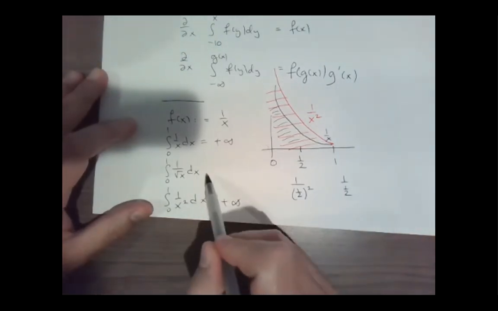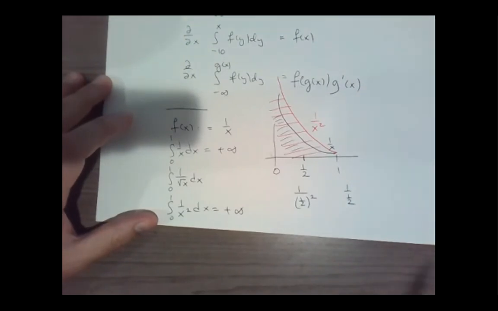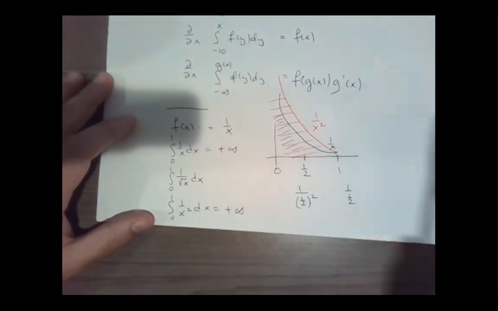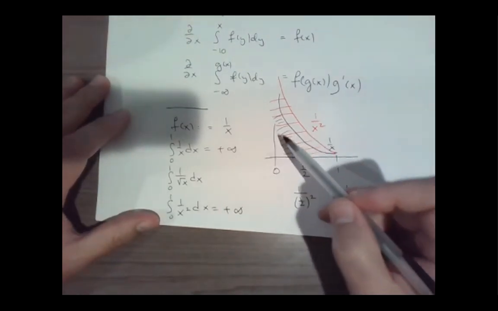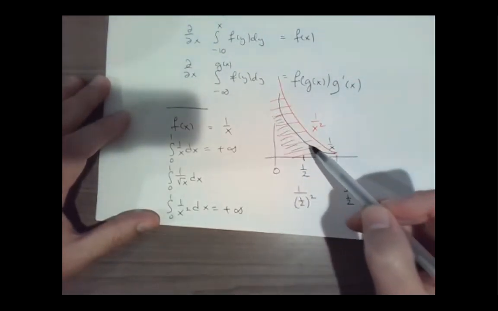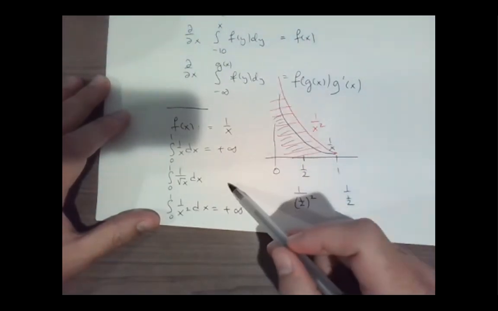So the TA also wants you to think about this one. Now we're going to get a function which is smaller than the black one. So now the integral might be finite, it might be infinite.